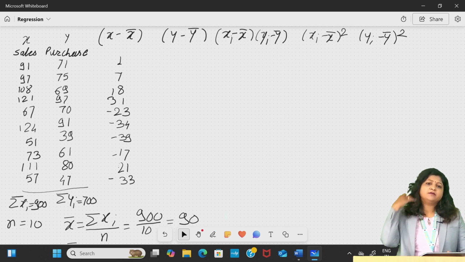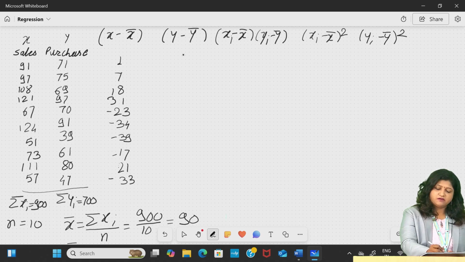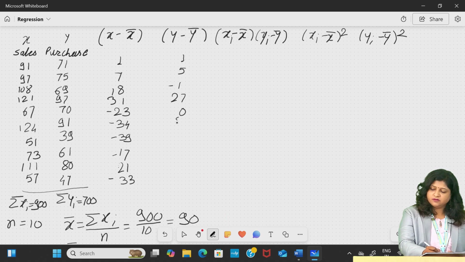Then yi minus y bar and its corresponding values are 1, 5, minus 1, 27, 0, 21, minus 31, minus 9, 10 and minus 23.